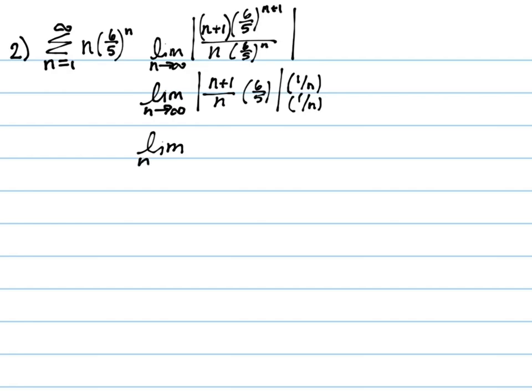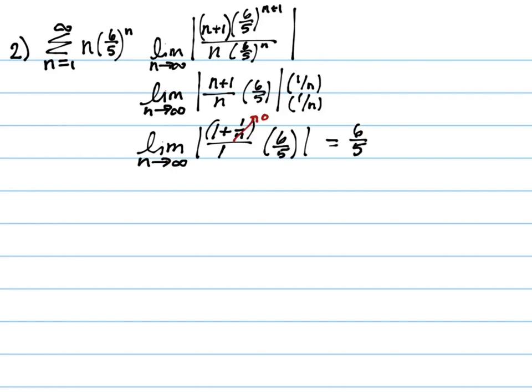That'll simplify out for us very nicely. So we end up with 1 plus 1 over n over 1, and I've got my 6/5 here. And I don't really need the absolute values because nothing's negative at this point, but this piece, of course, goes to 0. So the limit ends up being 6 over 5.